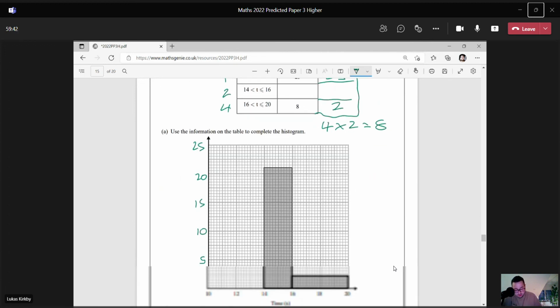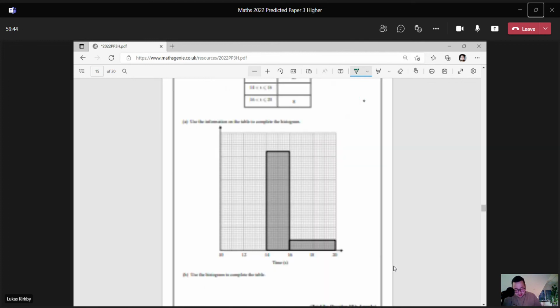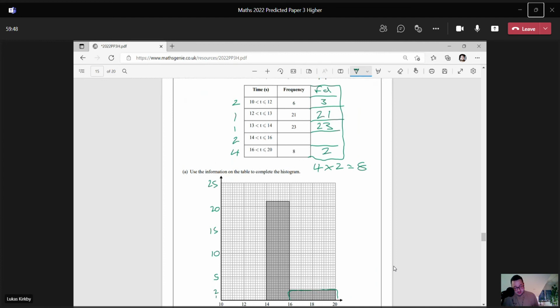So let's just double check. I'll just zoom out. Sorry, it's hard to keep it all in one place. So between 10 and 12, we want a frequency density of 3, which is going to be there. So that's between 10 and 12. And then from 12 to 13, we want to go up to 21, which is there.